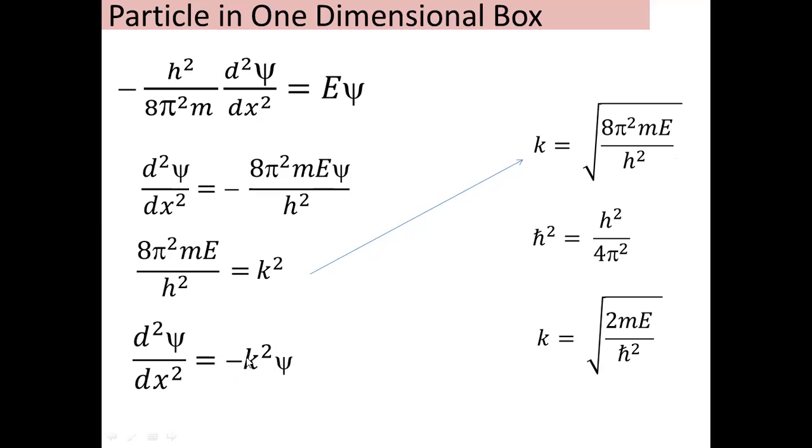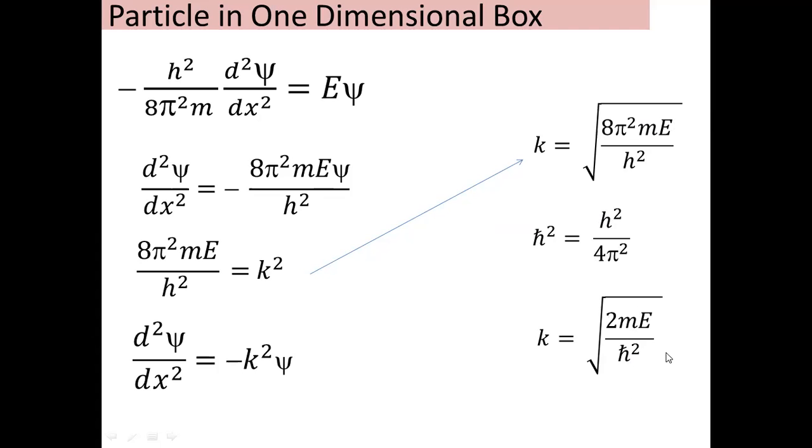So here, what is the value of k? Let's suppose k square is equal to this one, and you can take the square root on both sides, and k will become like this. And this we have already explained before. H bar will be equal to h over 2 pi, and when you take the square it will become h square over 4 pi square. This is just to make it simpler. When you put the value over here, this equation will become 2mE over h bar square.